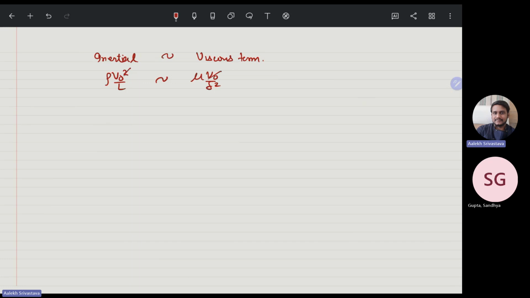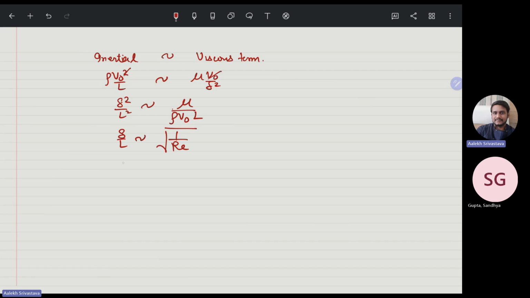Now, with slight substitution, you will get delta square by L square equal to mu by rho V0 into L, where L is at the bottom.